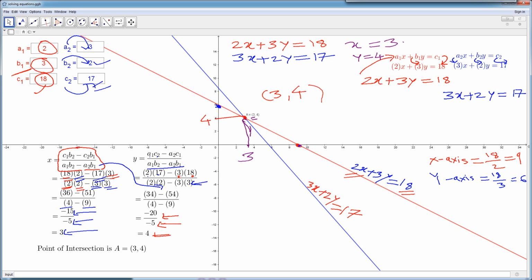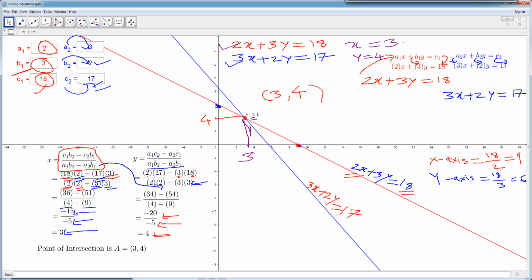So 2x plus 3y, that will be, substitute x as 3, y as 4. So that will be 2 into 3 plus 3 into 4. 6 plus 12, that is 18. So the first equation gets satisfied. Similarly, check the second equation. In the second equation, substitute x as 3, y as 4.